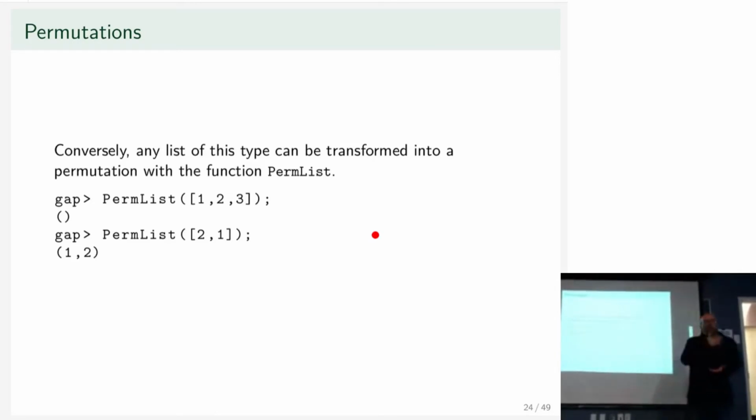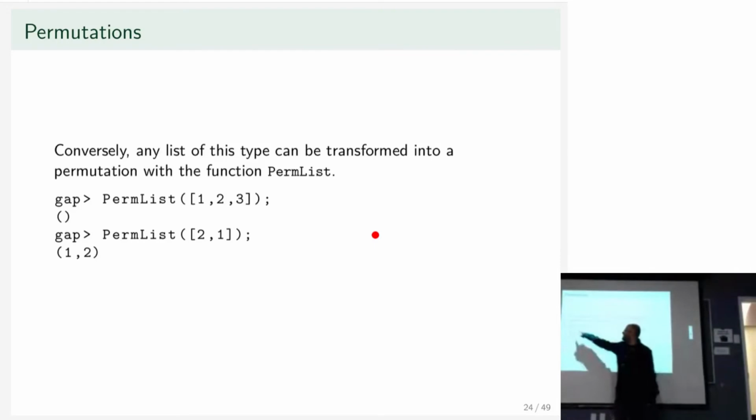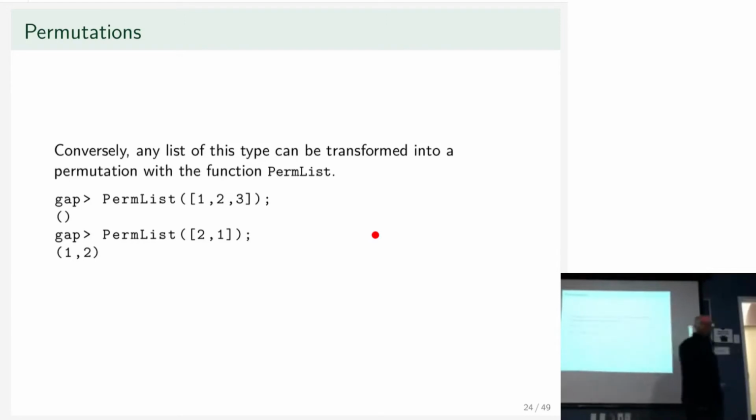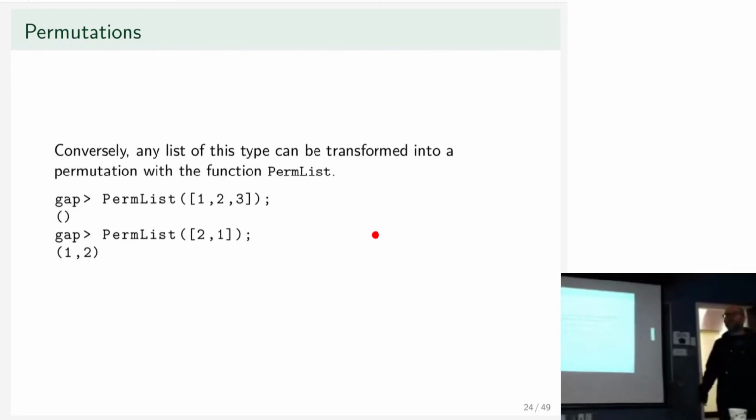It's a function, it's the identity function, a particular identity function, right? So you get the identity. This is how GAP writes the identity in the symmetric group. And if you do this, okay, 1 goes to 2, 2 goes to 1, well, this is a transposition, right? Is it okay?